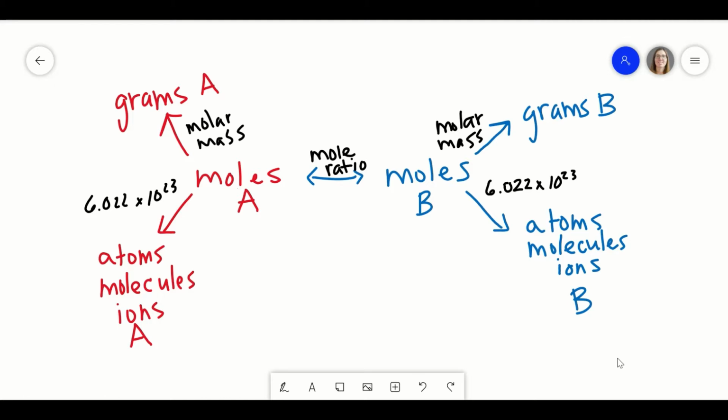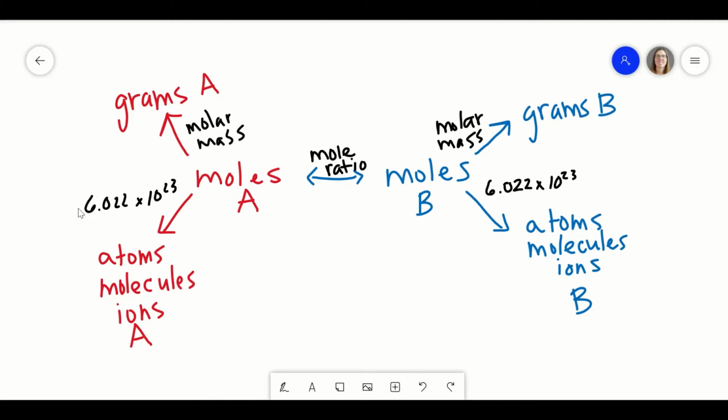And to make these conversions, we are using conversion factors. Some conversion factors that may look familiar to you would be molar mass. So if you need to review how to calculate molar mass for a substance, I suggest to watch one of my previous videos on that.